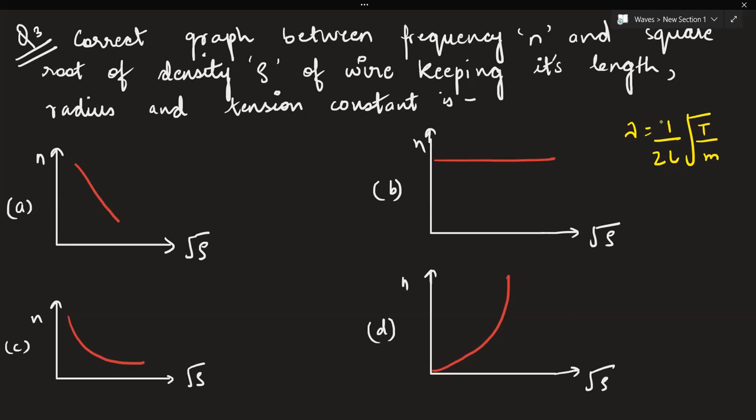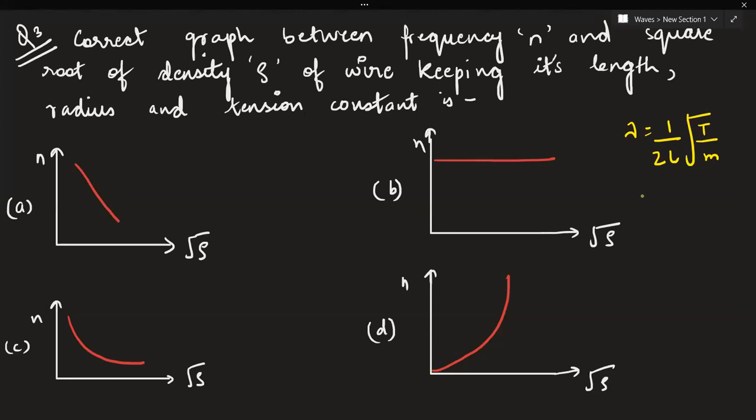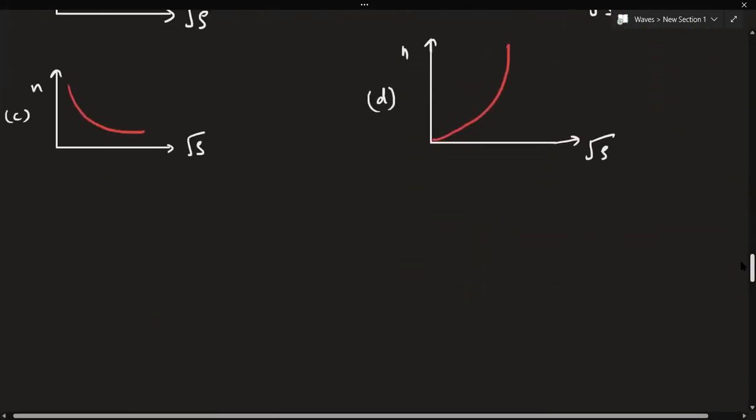No. So we have to find the relationship between the frequency n, taken on this side, and the square root of density. So is there any relation between mass and density? Mass by volume is density.